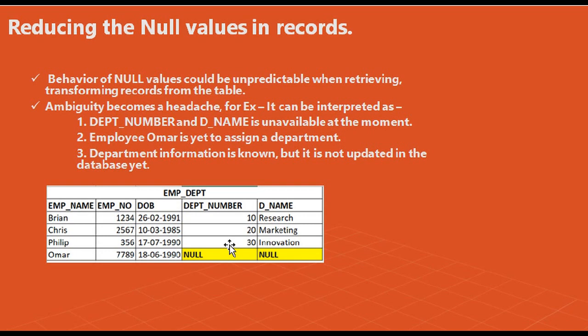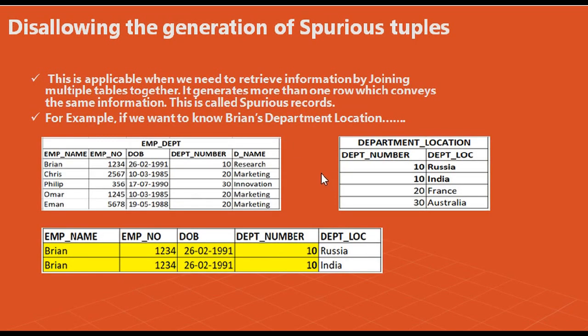Let's say I have 2 relations in the organization's relational database. One is employee department, another one is department locations. As the name suggests, the first relation is basically employees and their associated departments, and the department location table conveys the information about the department and the location where the department is situated.